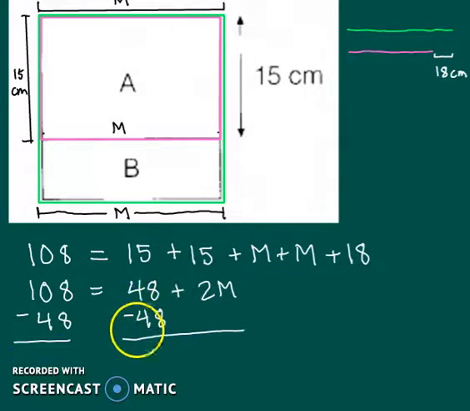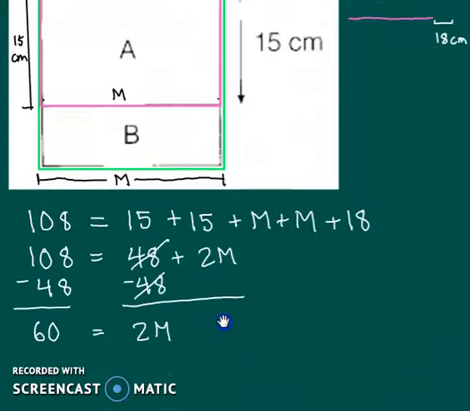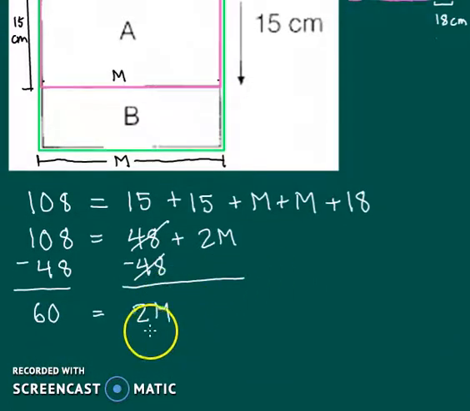Over on the right side, these two are going to cancel each other out, and I will be left with 2M. And over on the left side, 108 minus 48 is 60. Now to find out the value of M, I'm going to divide by 2 on both sides, and I will find out that M is equal to 30.